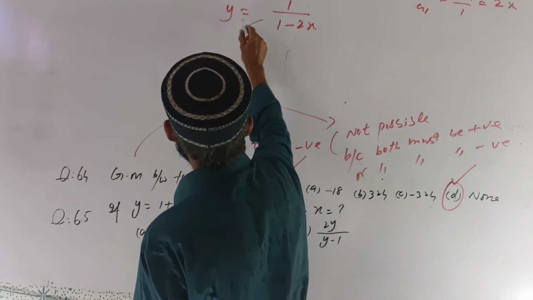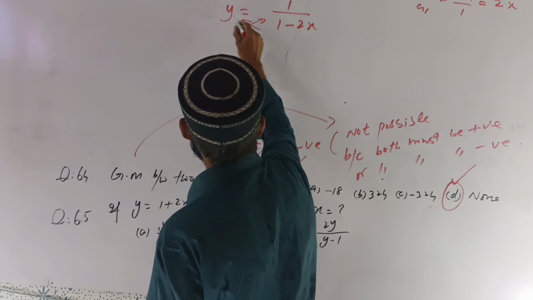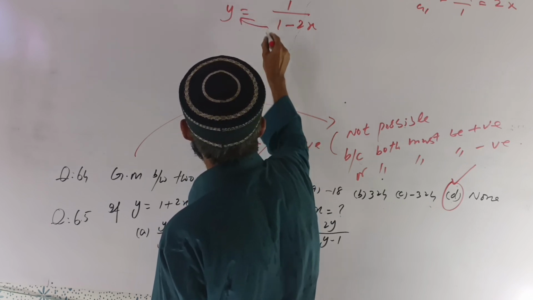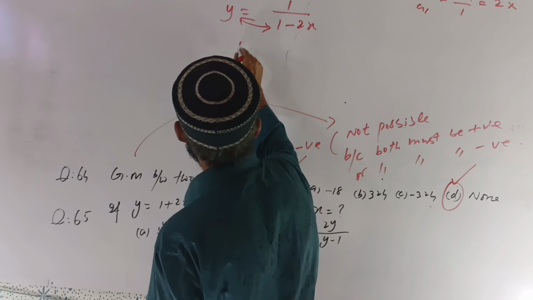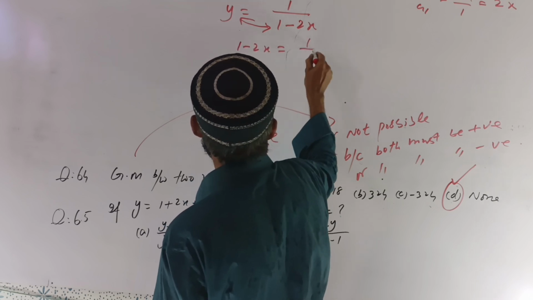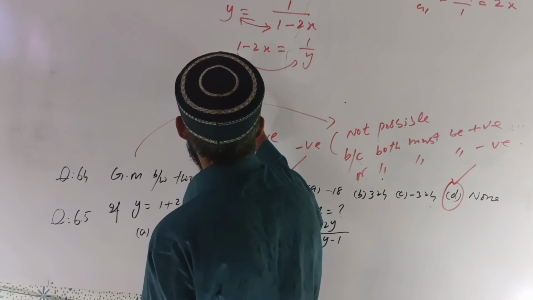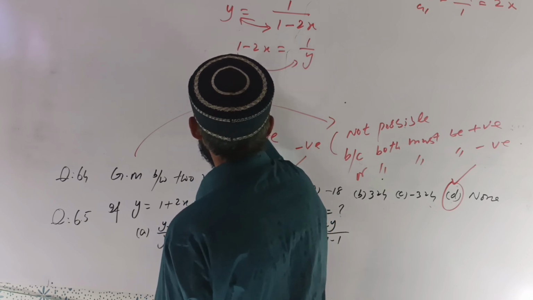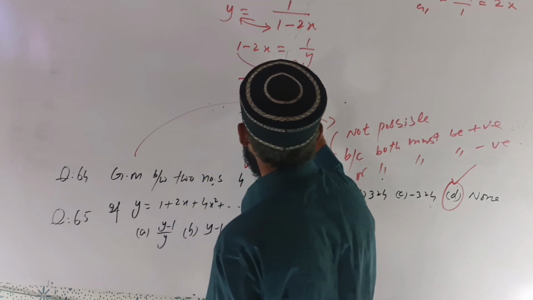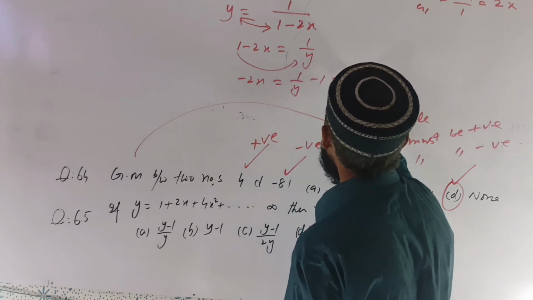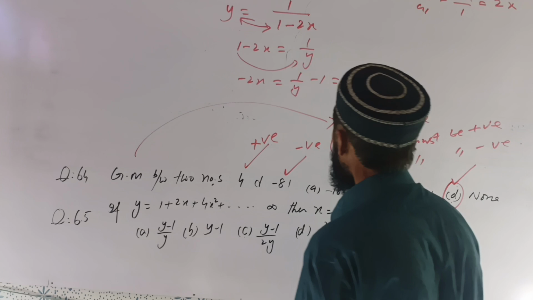Now, cross multiplication, or we just replace this value. So here we get 1 minus 2x is equal to 1 over y. If we change this value, minus 2x is equal to 1 over y minus 1. So we take the LCM: (1 minus y) divided by y.